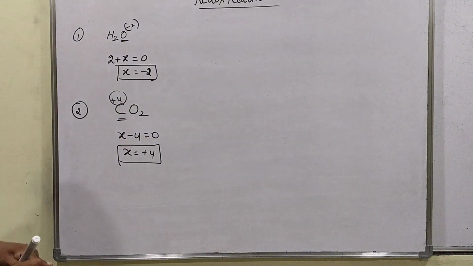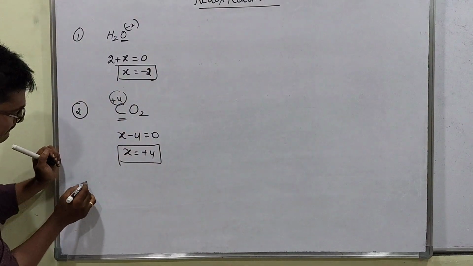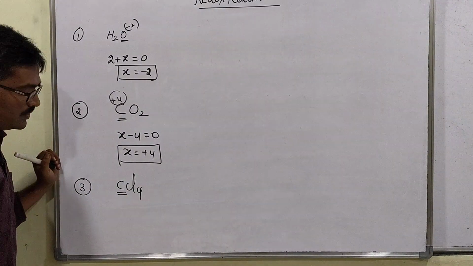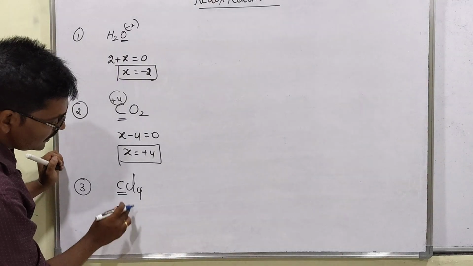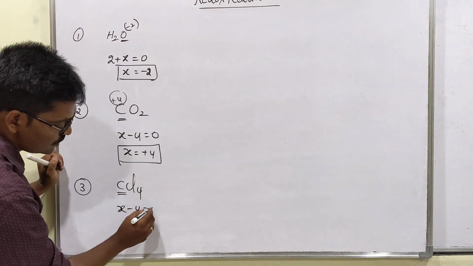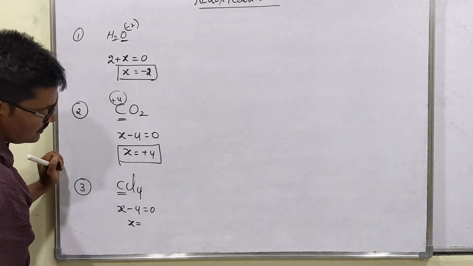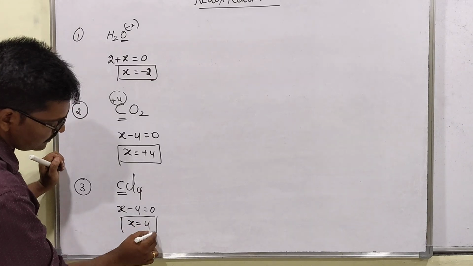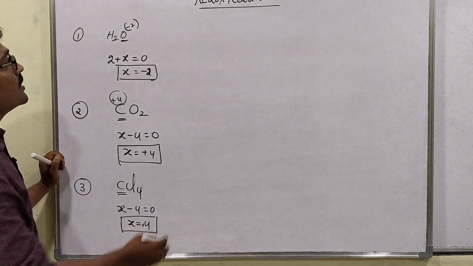Then next, carbon in CCl4. Take X, each chlorine is -1, and 4 of them give -4, equals 0, then X equals +4. Plus 4 is the oxidation state.